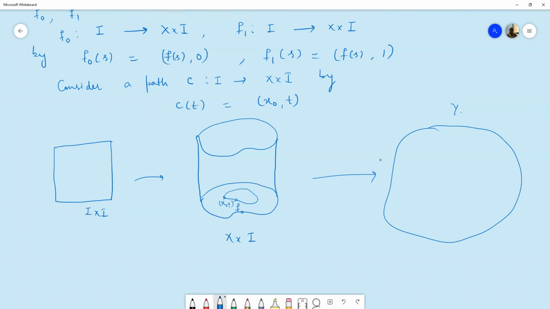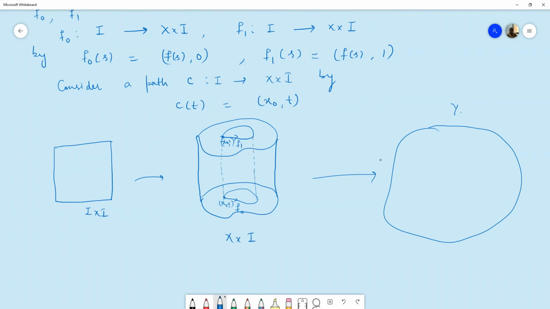Similarly, the F1 path is the path which is the same as path F, but not in the base, but in the top of the cylinder. So this will be our F1, and this point is x0 1. The path F1 is based at x0 1. So this also makes a cylinder here because the path F is the same, and this is called F0 in the base, and this is called F1 in the top.